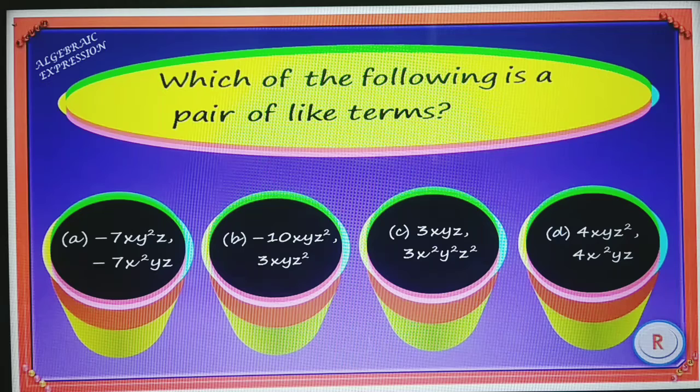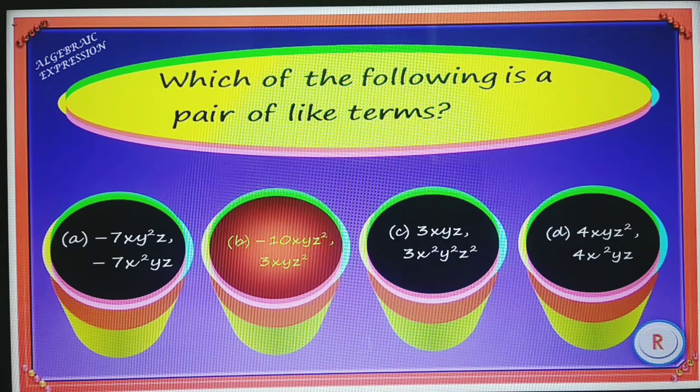Option C, 3xyz, 3x square y square z square. Option D, 4xyz square, 4x square yz. Which is the correct option? Option B. xyz square, xyz square, you will find in both the terms.